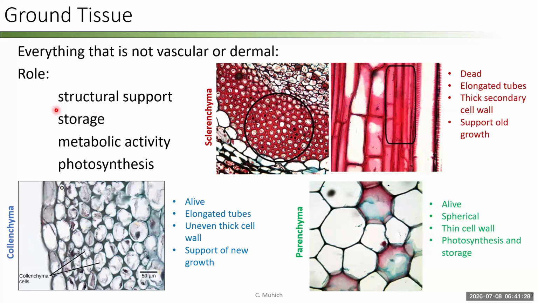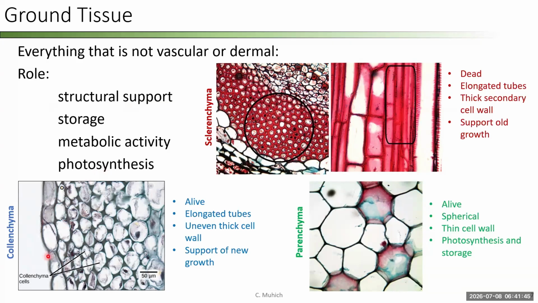This tissue acts as a structural support, storage mechanism, and helps with various metabolic activity and photosynthesis. There are three major types of cells associated with the ground tissue.